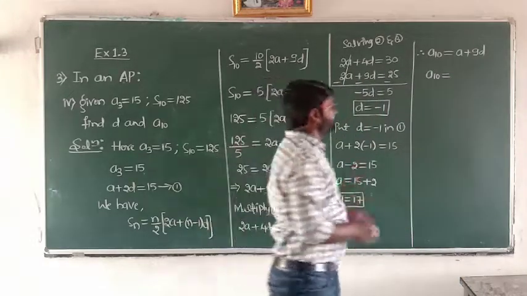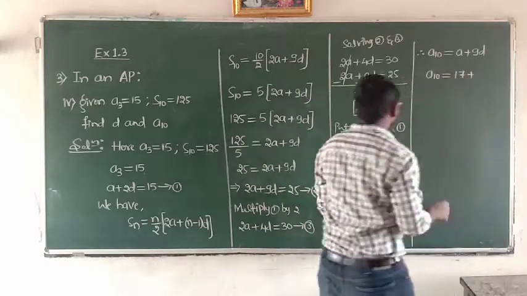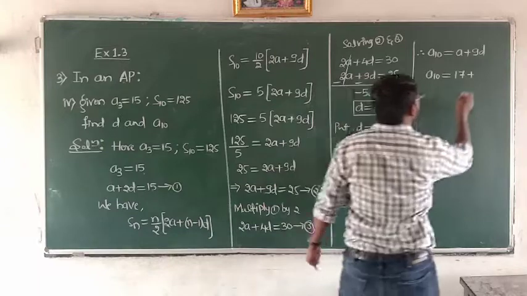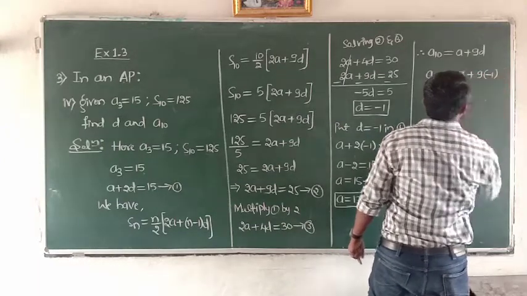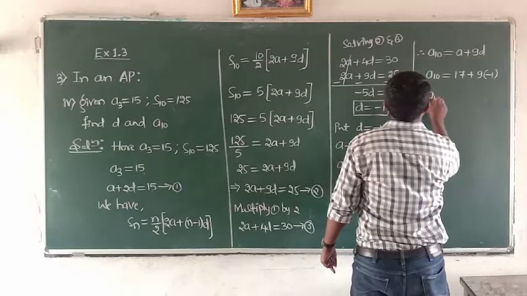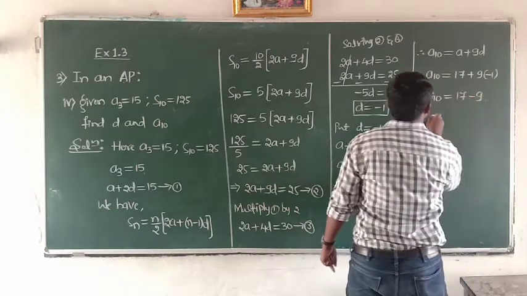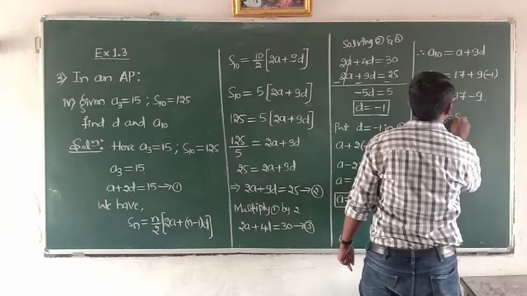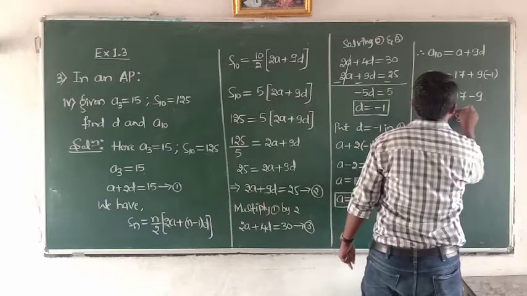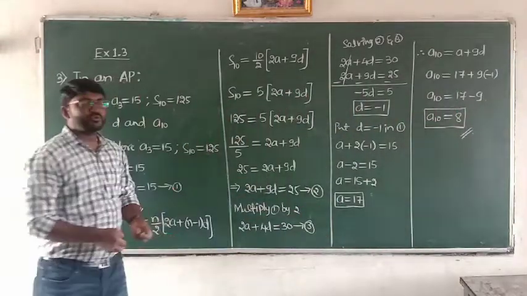It is 17. So write 17 plus 9 into d, which is minus 1, so 9 into minus 1. So a10 is equal to 17 minus 9, which gives us 8. So this is the 10th term. This is all about the fourth sub question.